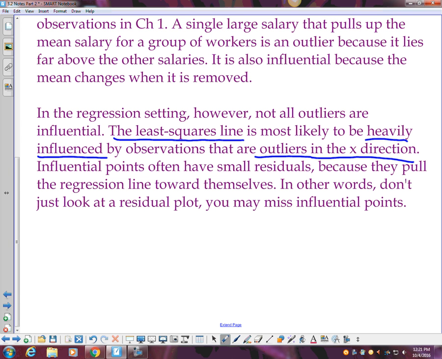Influential points often have small residuals. Influential points, that's child number 18, and didn't it have a small residual? And here's why. They are so influential, they pull the line towards themselves, so they're not as far from the line as, say, child number 19. In other words, don't just look at a residual plot because you may miss influential points.